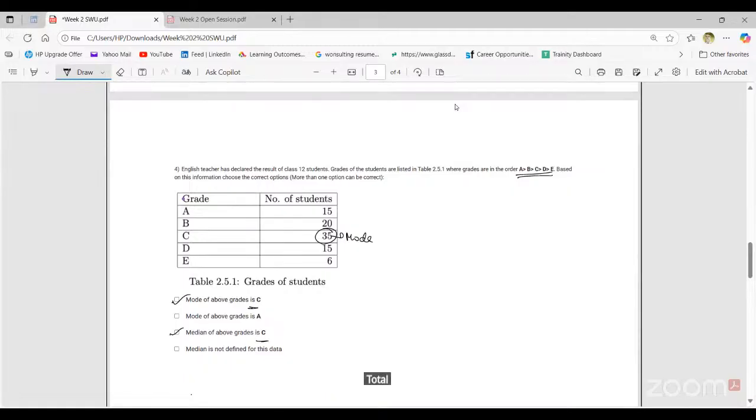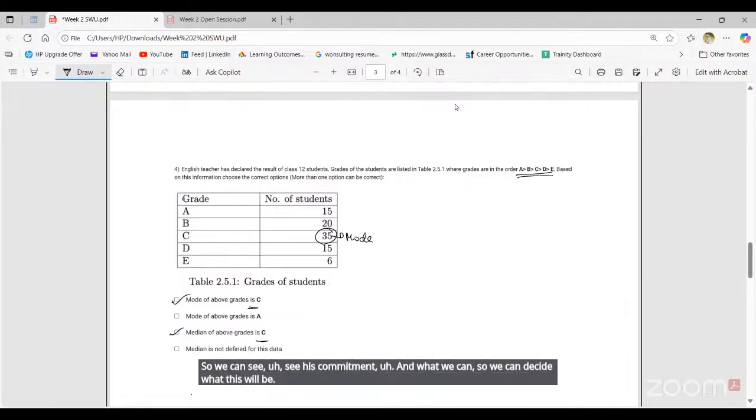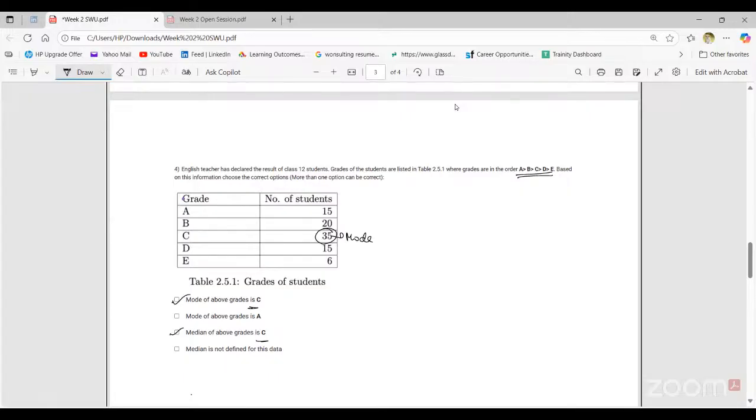First, we have to arrange it in ascending order. So we can say C is coming in the middle and is most frequent, so we can decide that this will be the median. The middle most value will be C when we arrange it.